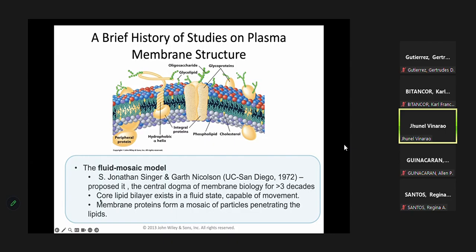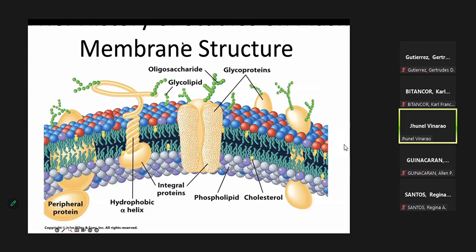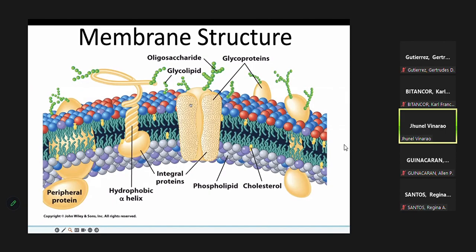And membrane proteins form a mosaic of particles penetrating the lipids. At this point, I want you to acquaint yourselves with the different biomolecules associated with the cell membrane.